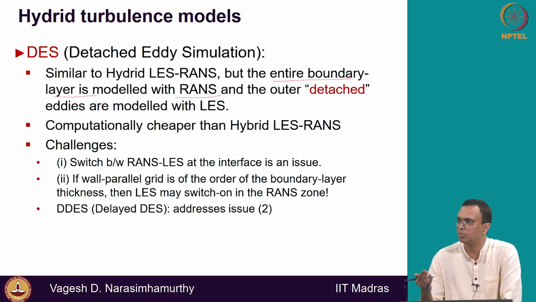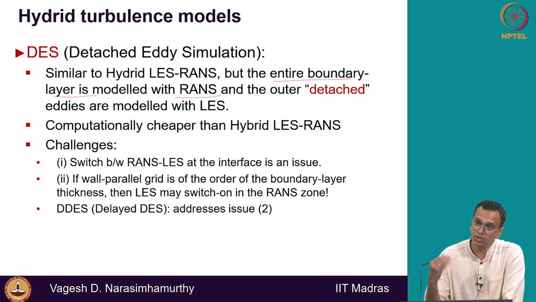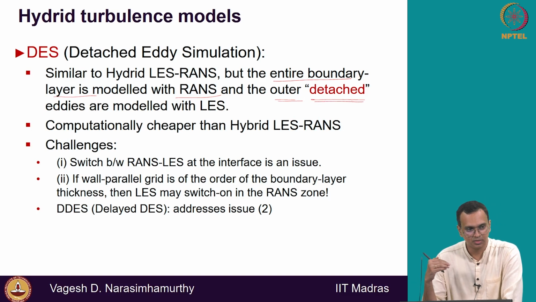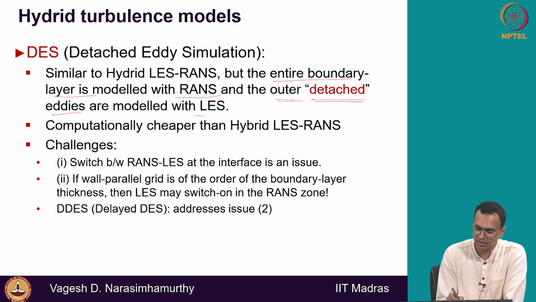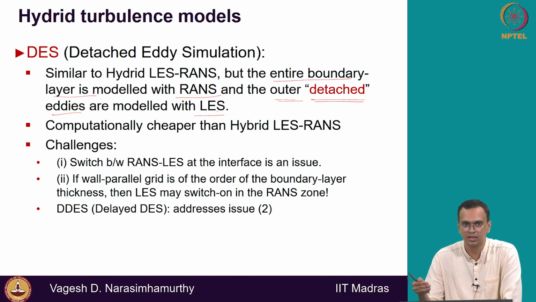The entire turbulent boundary layer, inner and outer layer, is RANS, and only the outer flow is what is called detached. All the eddies above the boundary layer are called detached eddies, and they are modeled by LES, and this is much more economical, and today it's being used in industry.